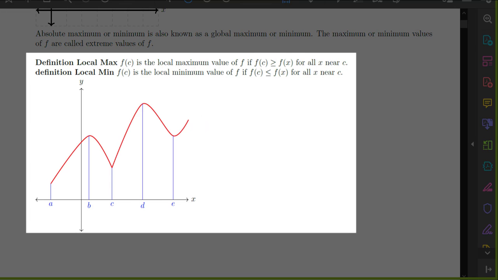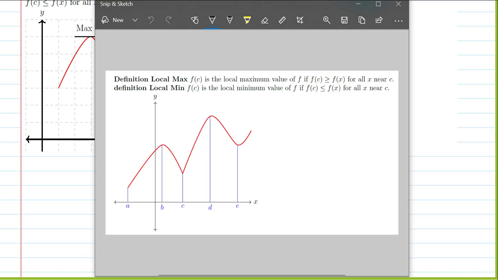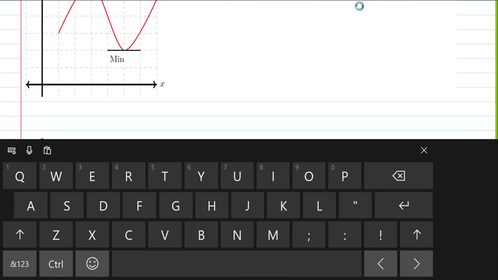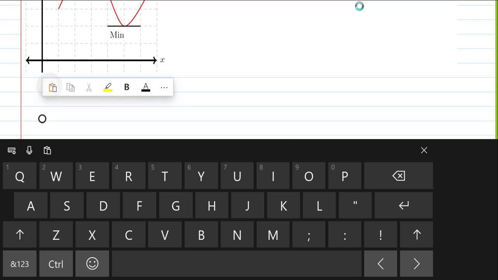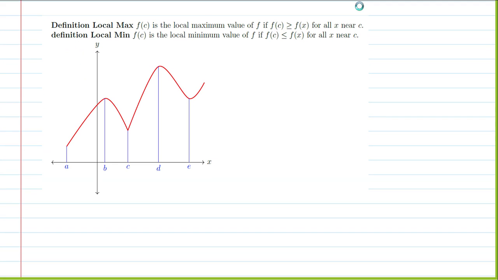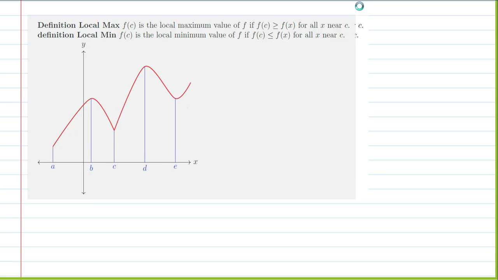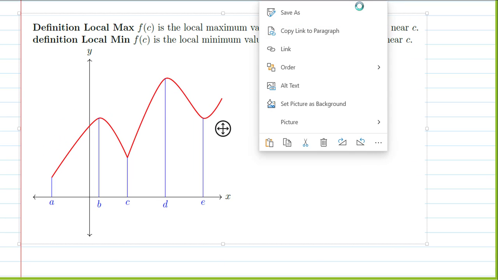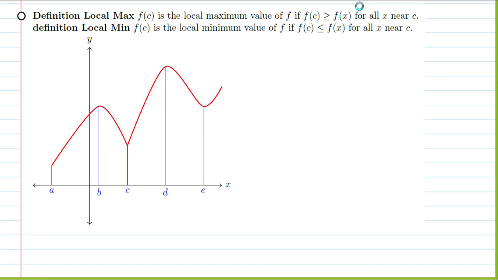If we take this same idea, we're going to look at another picture to help us expand on some of these definitions. So we want to talk about local maxes and local mins. f of c is a local maximum value of f if f of c is greater than or equal to f of x for all x near c.